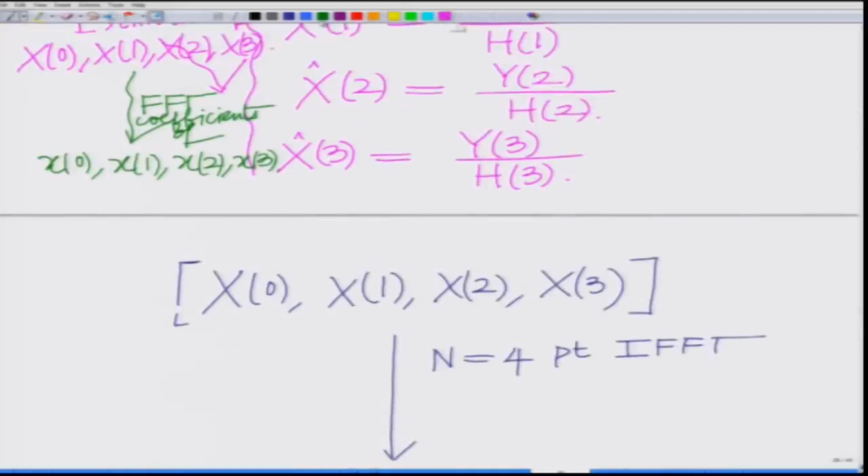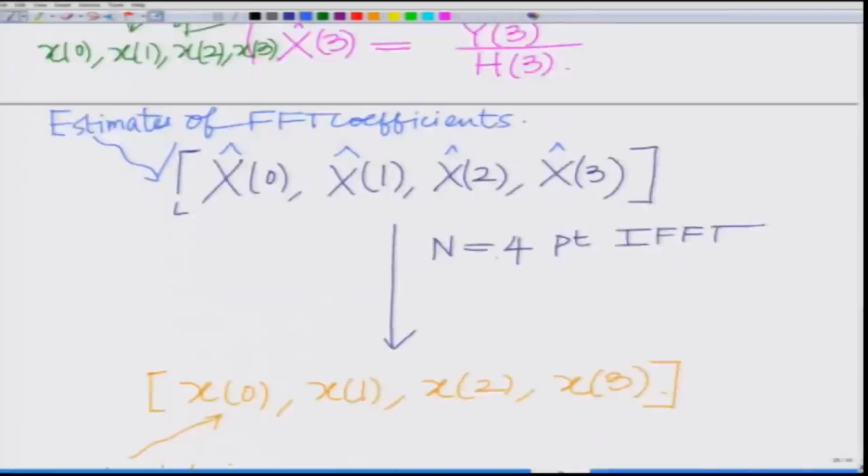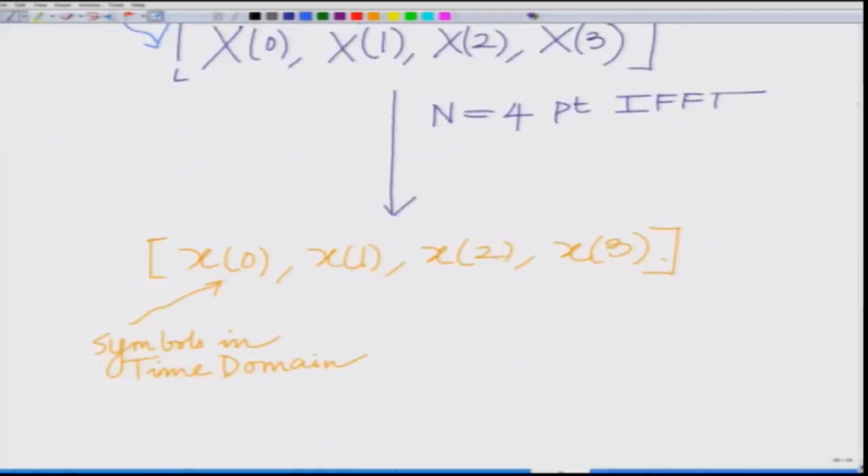we have something close. We have the estimates of the capital X's, we have the estimates of the FFT coefficients of the symbols. Therefore, if we take the IFFT, what we will get is we will not get the symbols, but rather the estimates of the symbols.